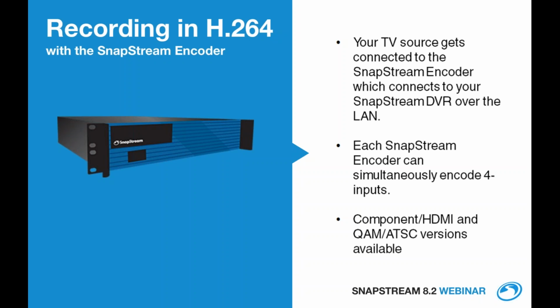Now, for most of our customers, we're going away from MPEG-2 recording and going to H.264 using that SnapStream encoder. So the SnapStream encoder takes in your TV source and connects to your SnapStream over your LAN. It's going to take in that TV source, transcode it to H.264, and send those H.264 feeds directly to your SnapStream.